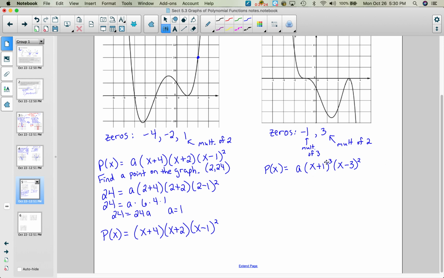So now I'm going to find a point on this graph that I think looks like it's on there. And I think I used, what did I use before? Okay, I was thinking that this looked like negative 2, 12.5, and I actually used that.